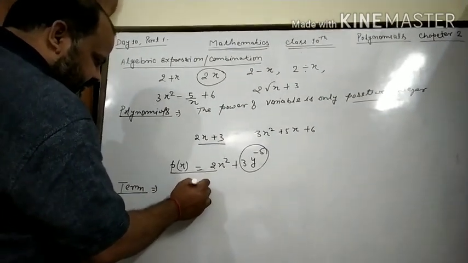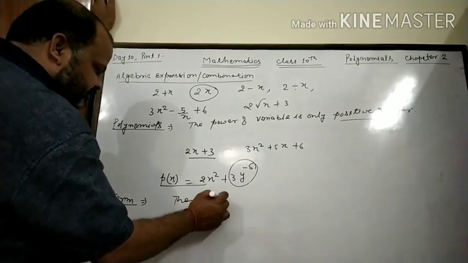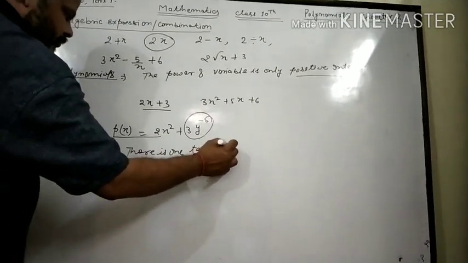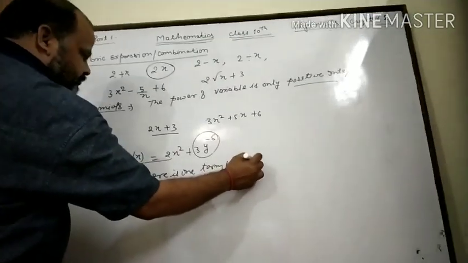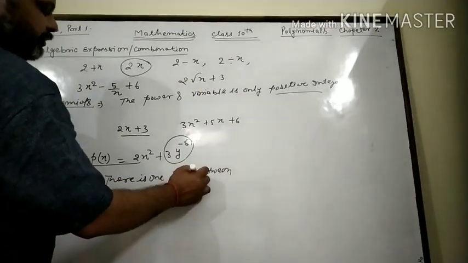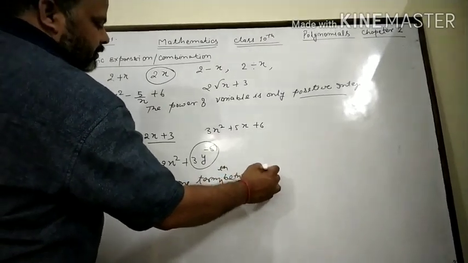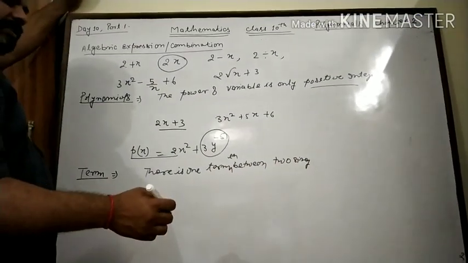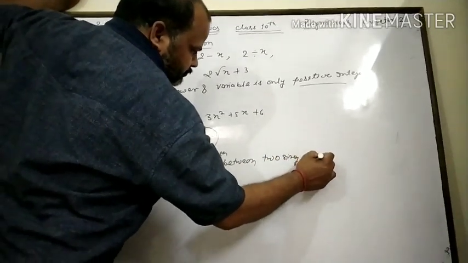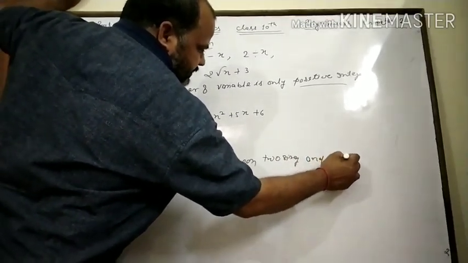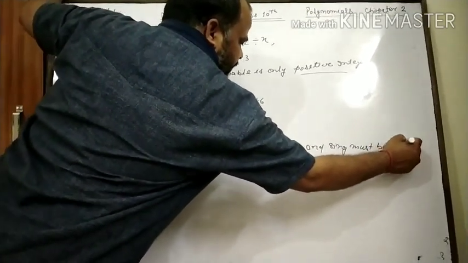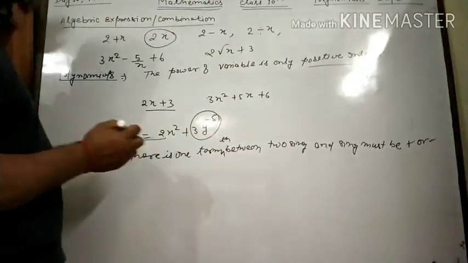You say there is one term in between two signs, and the sign must be plus or minus.